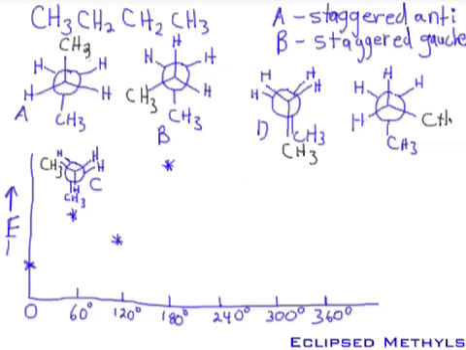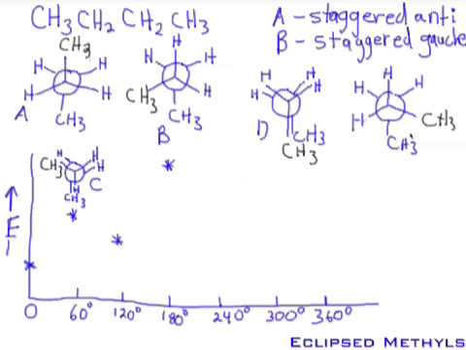We now get a structure here. Now, if I called this structure E, it would be the same as structure B. It is staggered gauche. I have two methyls beside each other. The fact that the methyl is on the other side, energetically and structurally, it is the same as structure B.